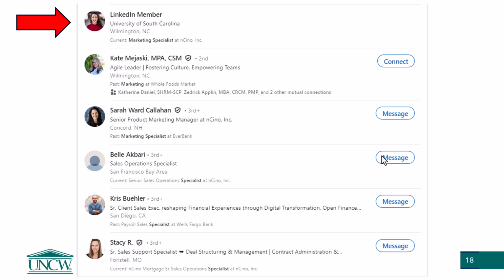In this particular case, this young lady shows up as LinkedIn Member. That means that her profile has been locked down essentially. You'll also notice that there's no button to connect or message her. If I have LinkedIn Recruiter, which not all companies do, I might still be able to reach out to her.